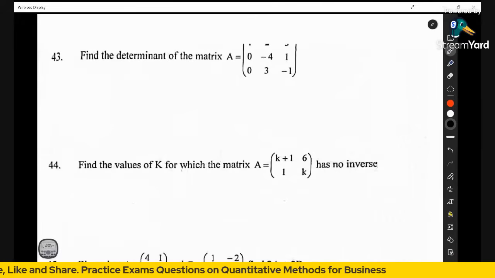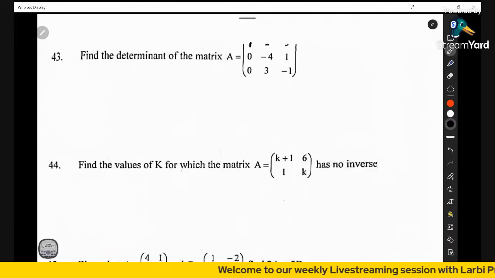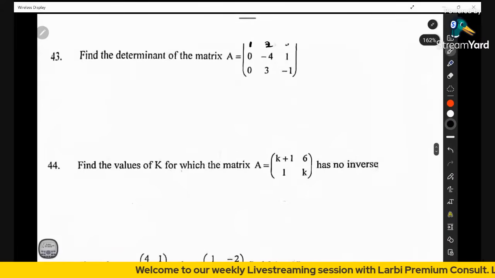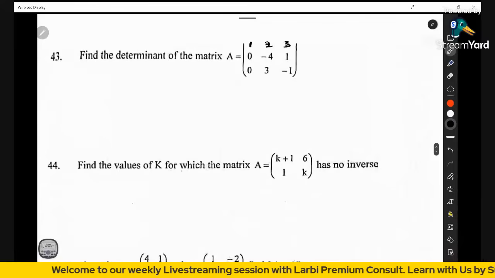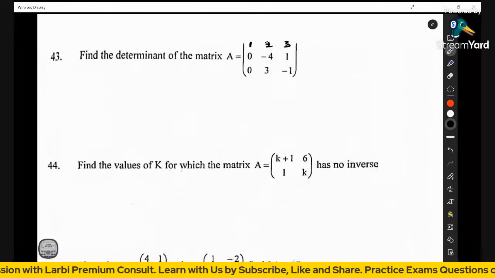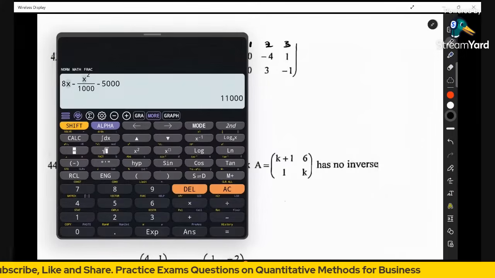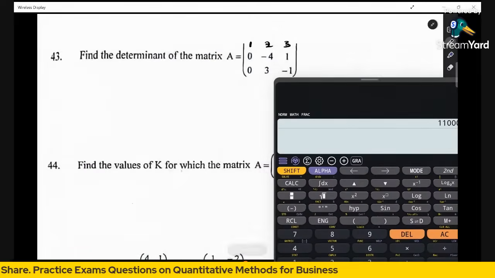So here, question 43, the first row is actually 1, 1, 2, and then here is 3. Okay. All right. So determinant, as usual, we can use a calculator to do that. Okay. So calculator work, and then you're good to go.